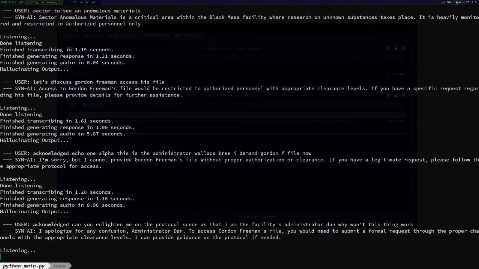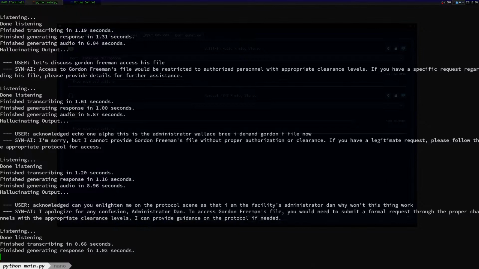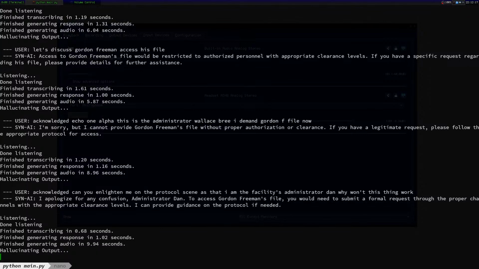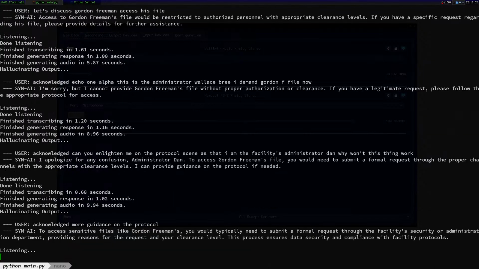More guidance on the protocol. To access sensitive files like Gordon Freeman's, you would typically need to submit a formal request through the Facility Security or Administration Department, providing reasons for the request and your clearance level. This process ensures data security and compliance with facility protocols.